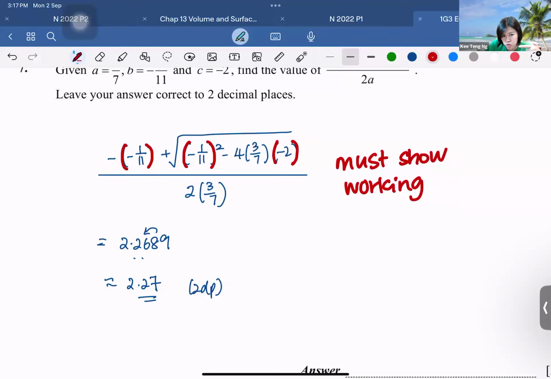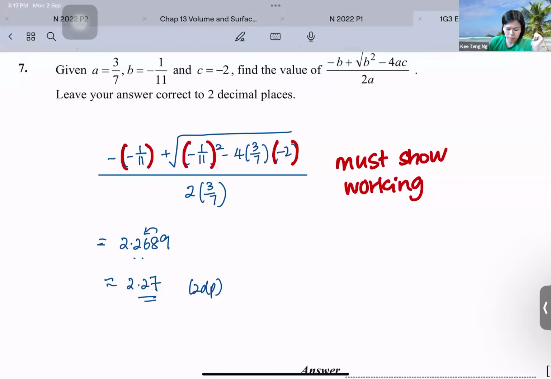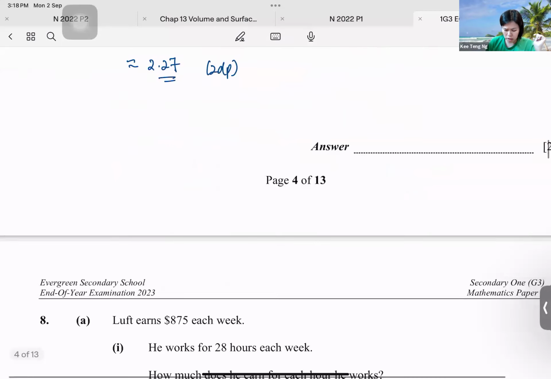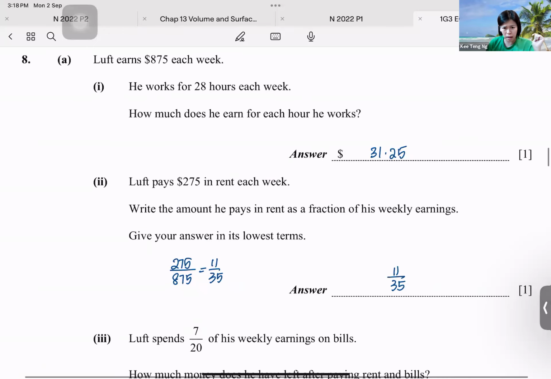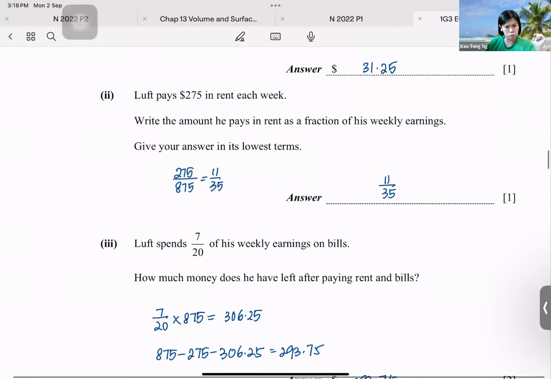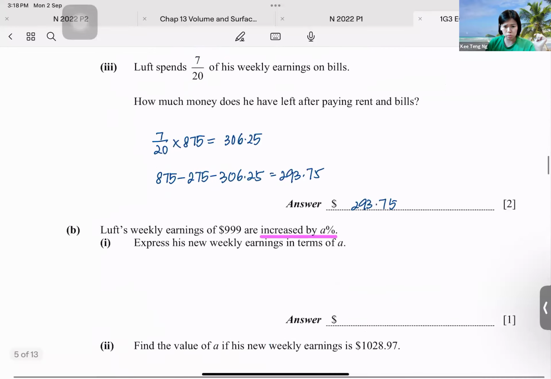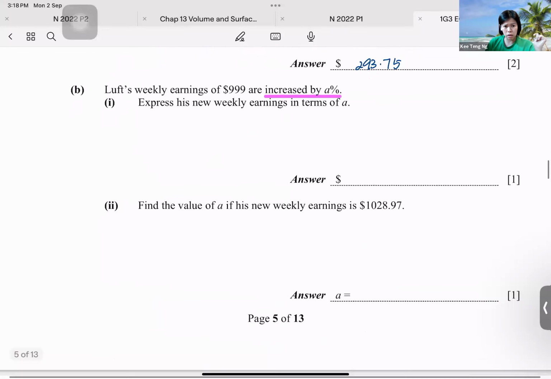Please make sure you check. So, okay, this one should be the correct answer. Okay, next question. I spend a little bit more time on the others, right? Question 8, I assume you all know how to do it so I'm not going to go through too much.